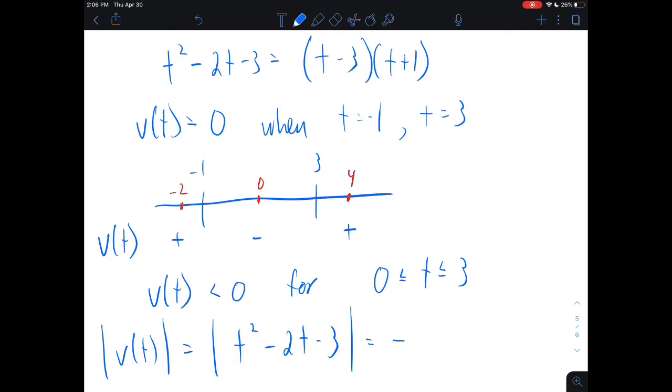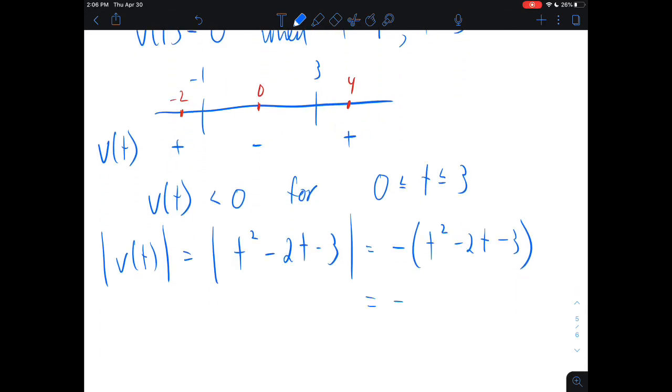So this turns into negative of the whole function, which then just becomes negative t squared plus 2t plus 3. And to see why this works, take that same test point of 0 that we just talked about. What happens when I plug in 0 now into the absolute value? I get a positive 3. So it does exactly what we need it to do.